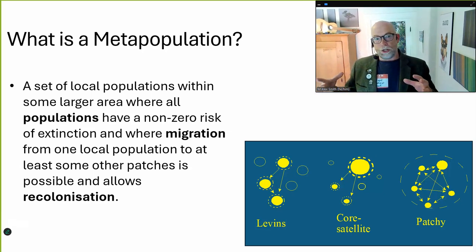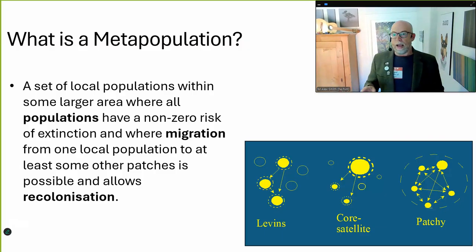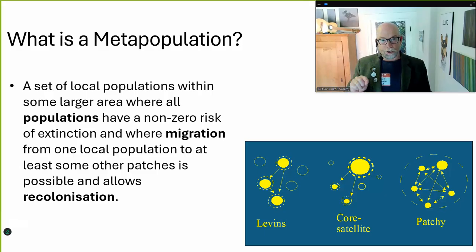a metapopulation is a series of populations where all the populations have some non-zero risk of extinction. These are extinct habitat patches here. These are extant habitat patches where there are members of that species, that community living.